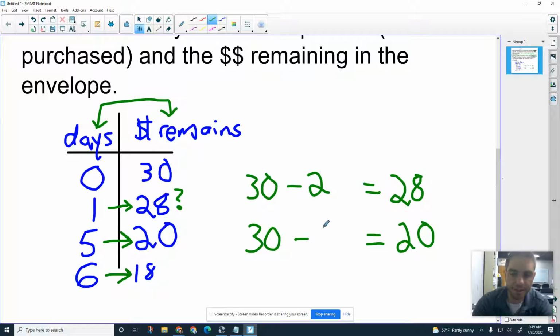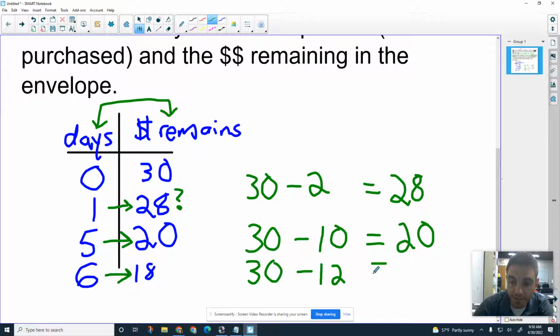But then I was saying, okay, if it's 5 days, basically 2 plus 2 plus 2 plus 2 plus 2, 5 times, that would be 10, spending $10 on lunch. So $30 started off with, we took away 10, there's only $20 left in the envelope now. And then for the final one, we could say 30 minus one additional day, so $12 equals 18.